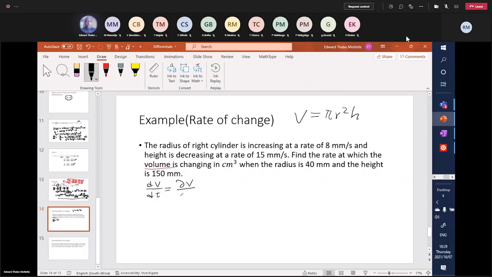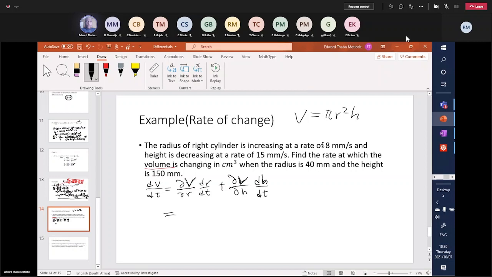Okay, now I'm going to differentiate V partially with respect to r and multiply it by dr/dt, plus I differentiate V partially with respect to h, and then I differentiate h with respect to t.